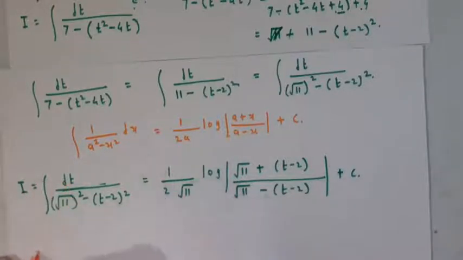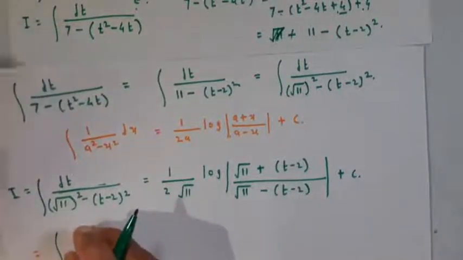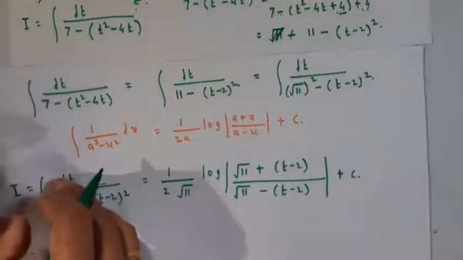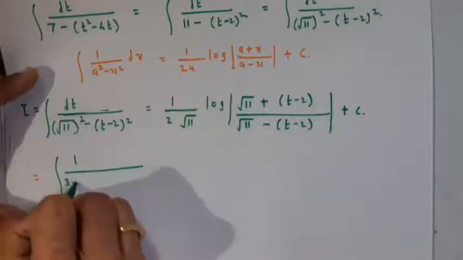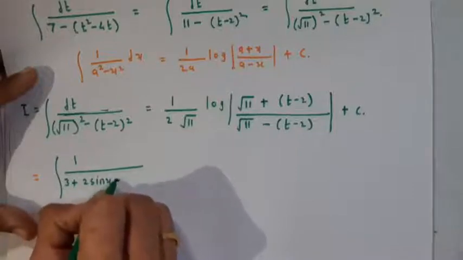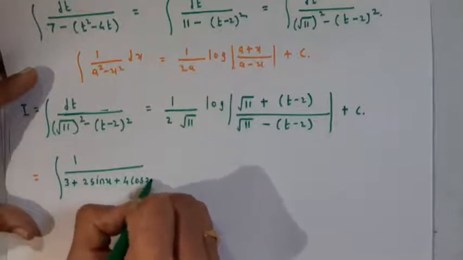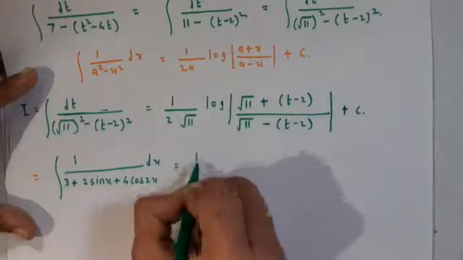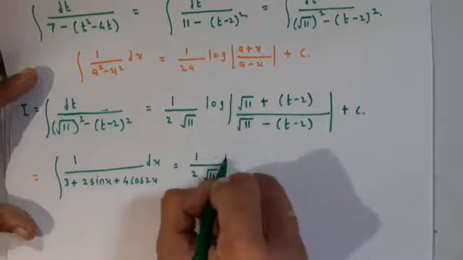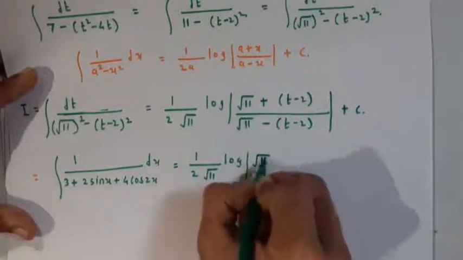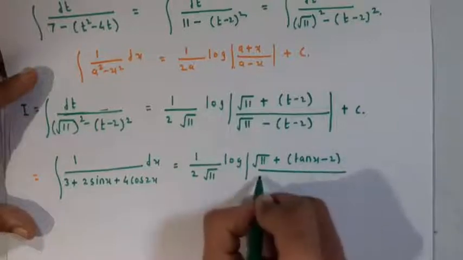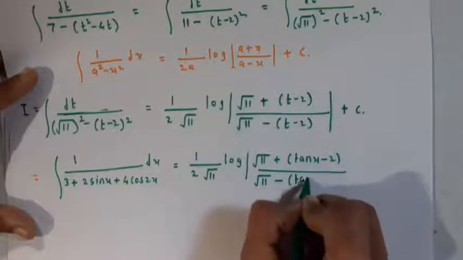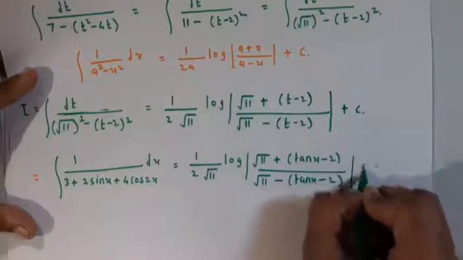Resubstitute the value of t, and hence the integration of 1 upon 3 plus 2 sin 2x plus 4 cos 2x with respect to x is 1 upon 2 root 11 log of root 11 plus the value of t, which is tan x minus 2, upon root 11 minus tan x minus 2, plus constant of integration c.